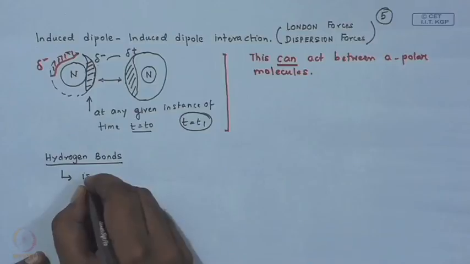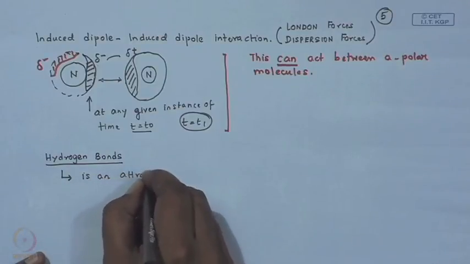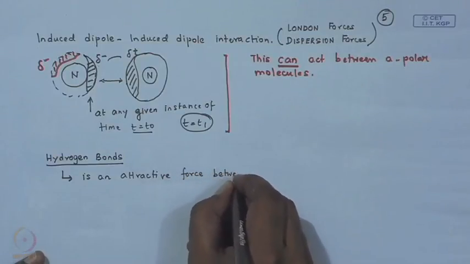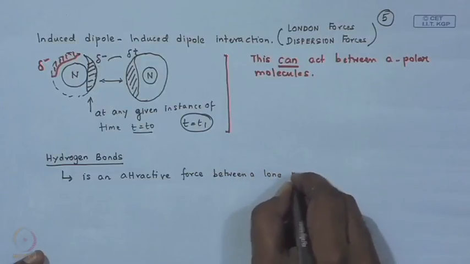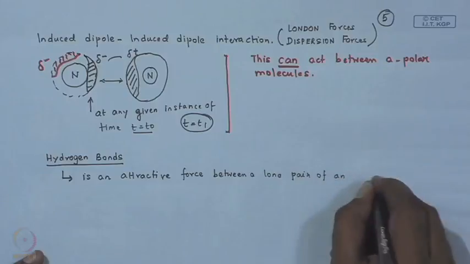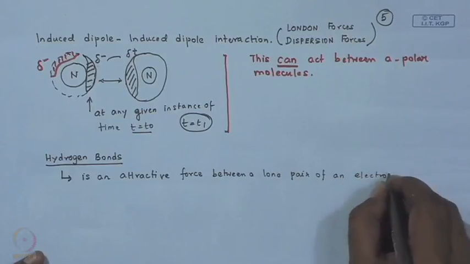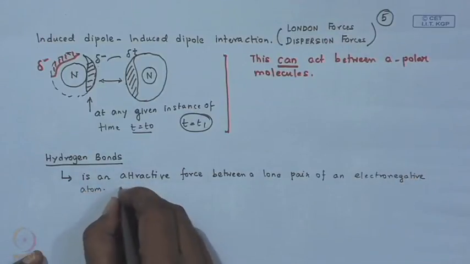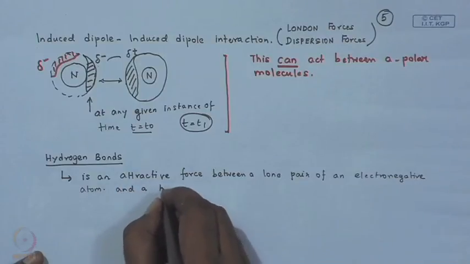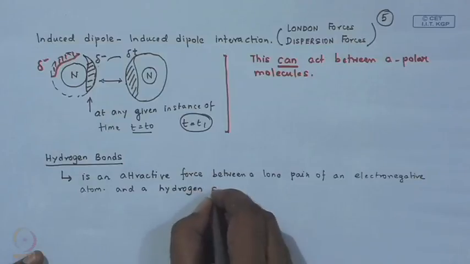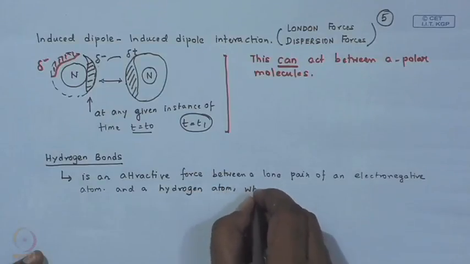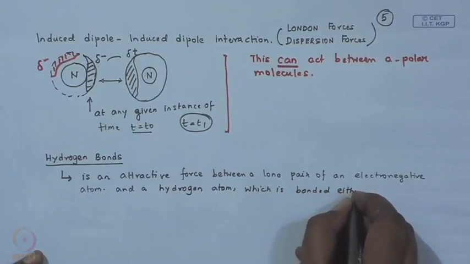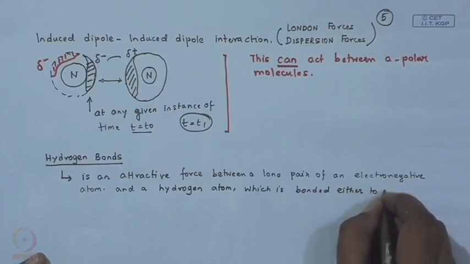It is an attractive force between a lone pair of an electronegative atom and a hydrogen atom which is bonded either to nitrogen, oxygen or fluorine.